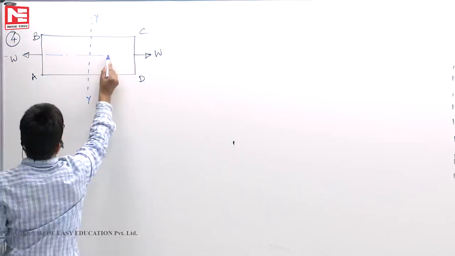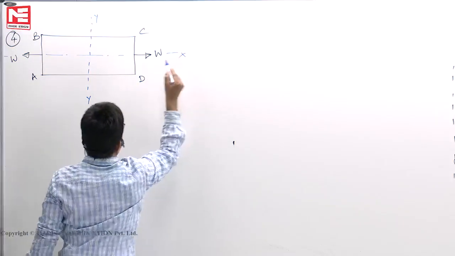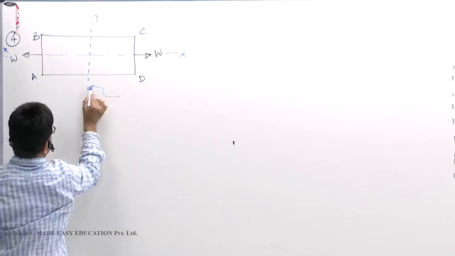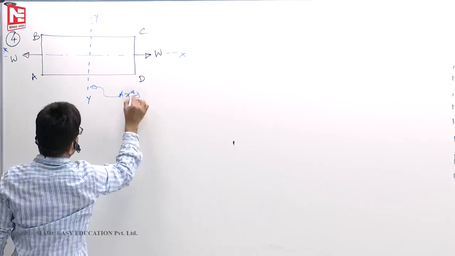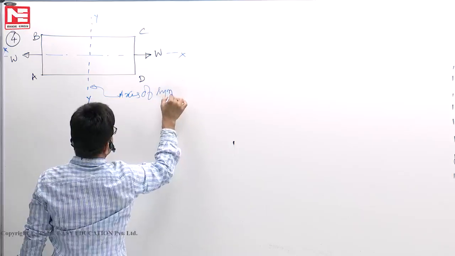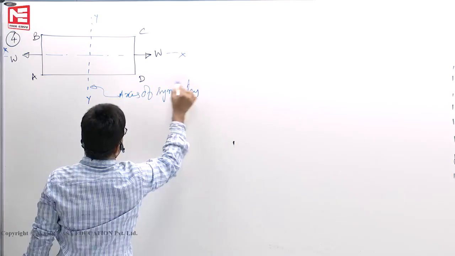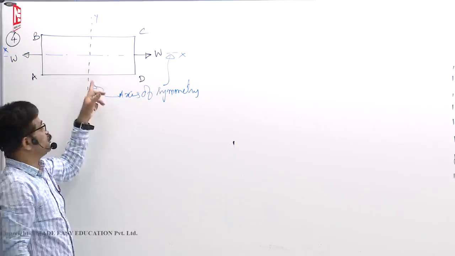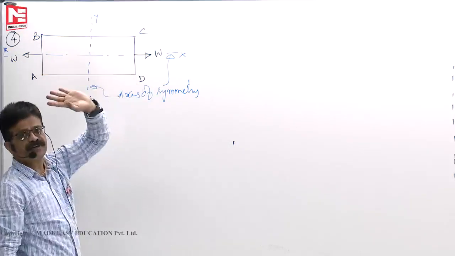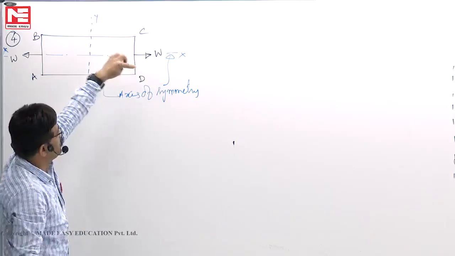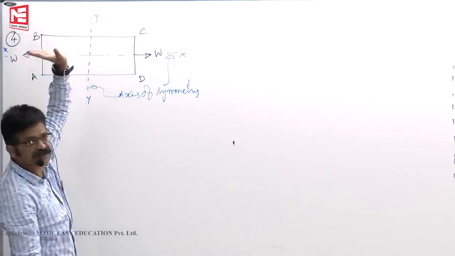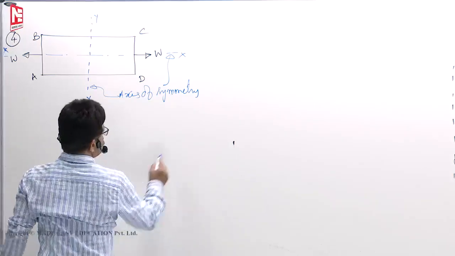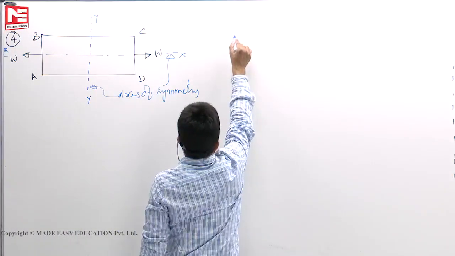If I take like this, x-axis, this is your axis of symmetry. This is also an axis of symmetry. Because it is symmetrical about y-axis, cut here, throw that half piece out. Because it is symmetrical about x-axis, cut here, throw that piece out. You will get a small piece like this. And now your imaginary frame looks like this.